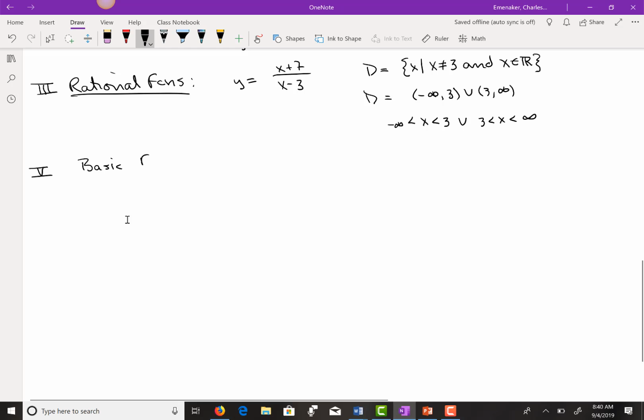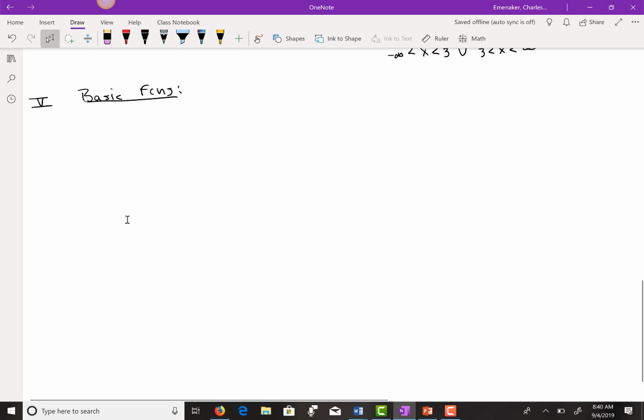I'm guessing that you ran into this somewhere along the lines of a college algebra class somewhere, either in high school or here, or somewhere. Let's say something like y equals c, where c is an element of the real numbers. An example of this would be something like y equals 5.